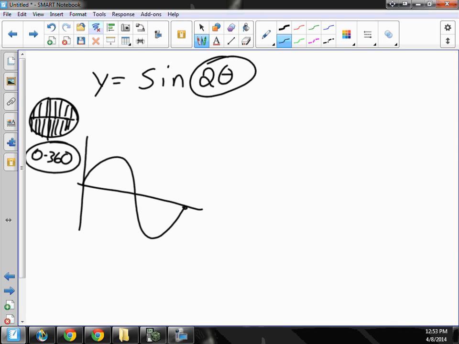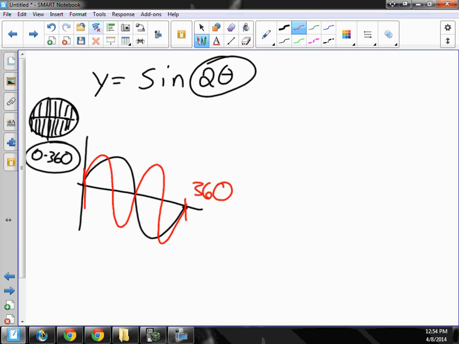So if my input is from 0 to 360, what is my output going to look like? It's going to be twice as narrow. It's going to have the same height, but it would look like that.